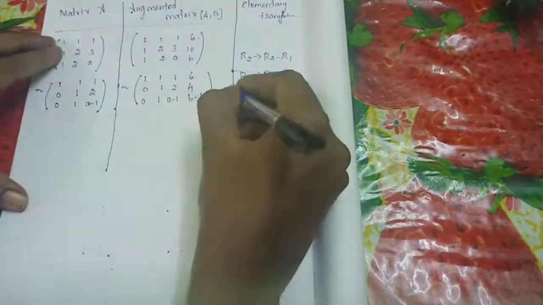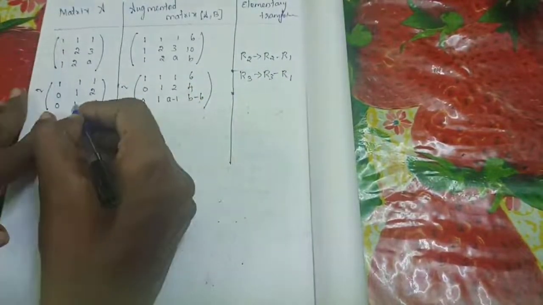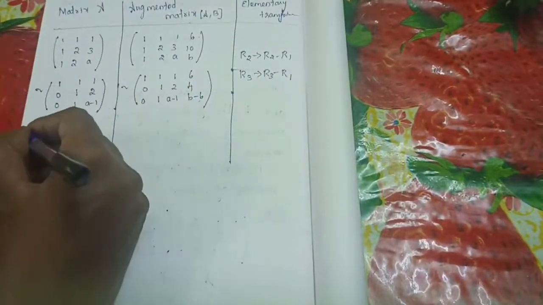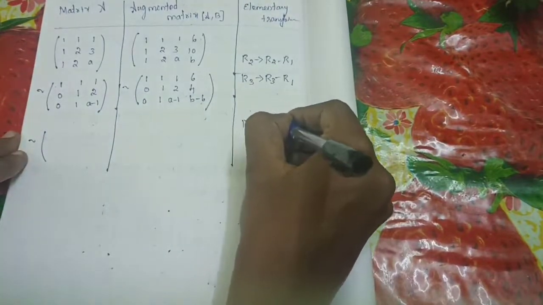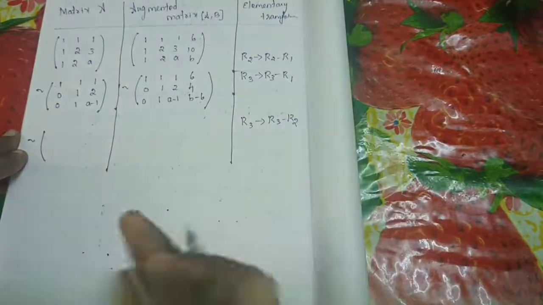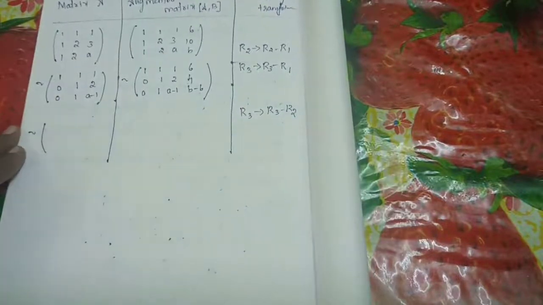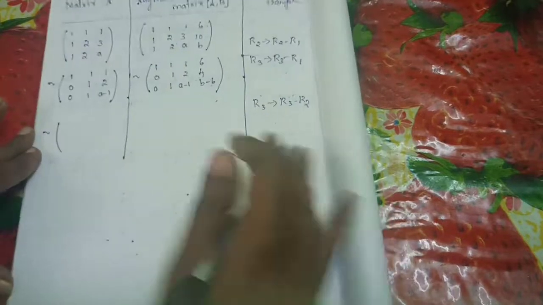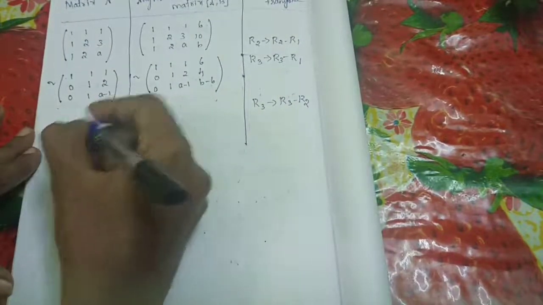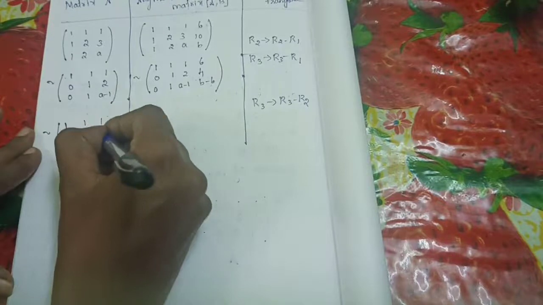Then you need to make this element 0, so it is equivalent to R3 implies R3 minus R2. I'm moving somewhat faster because we have learned many problems of the same model. So 1, 1, 1; 0, 1, 2.